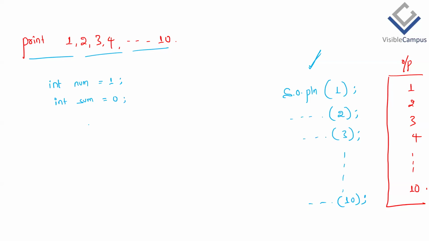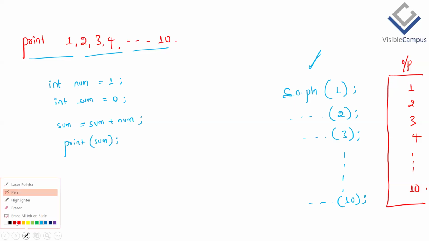First write what? Sum plus number and store it back to sum. And then print sum. Is it correct? Syntactically, is it correct? Yes.